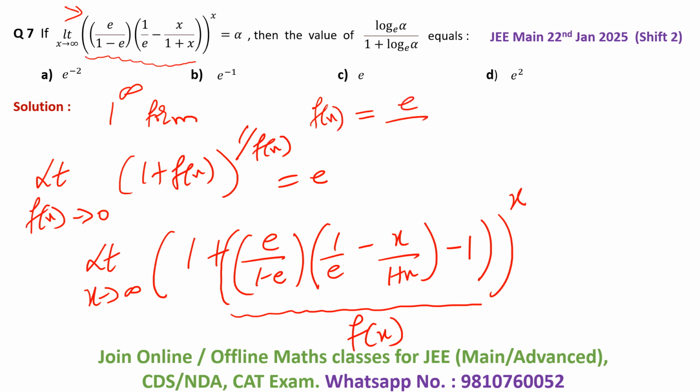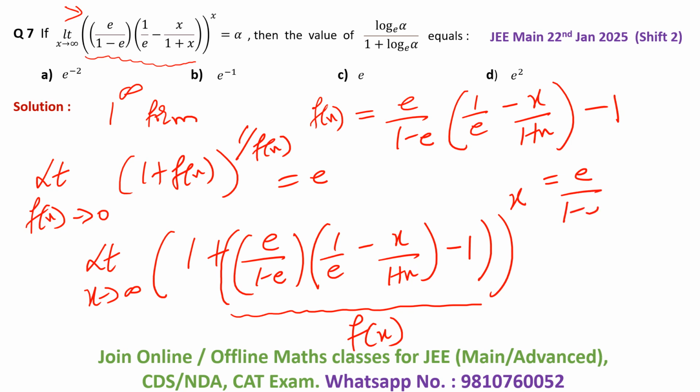It is e upon 1 minus e into, inside the bracket, 1 upon e minus x upon 1 plus x, and then minus 1. So what I do, I take out e upon 1 minus e common. Now inside the bracket, I will be getting 1 upon e minus x upon 1 plus x minus 1 minus e upon e.